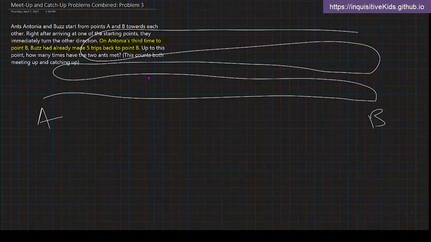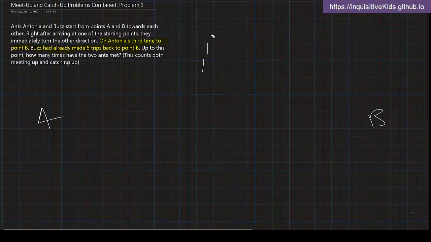How many entire ABs has she already walked? That would be 1, 2, 3, 4, 5. So Antonia has had 5.